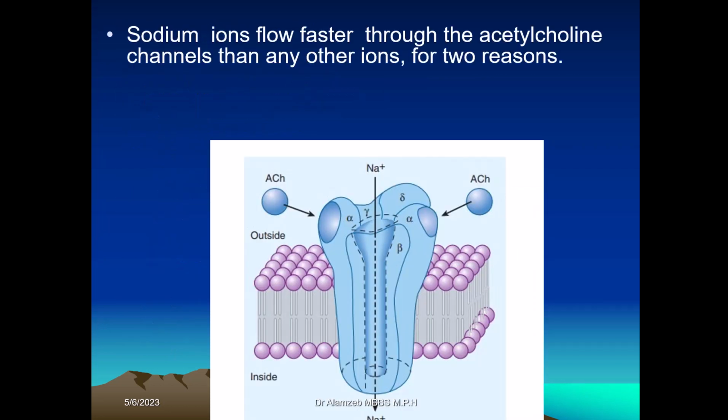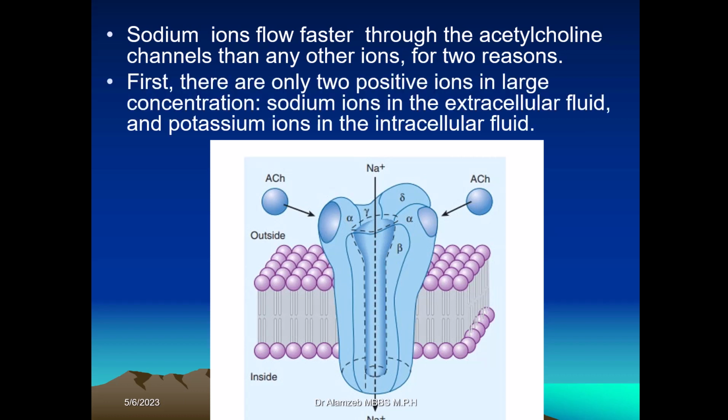When the channel is open, sodium ions flow faster through the acetylcholine channel than any other ion, for two reasons. The sodium rushing to the inside is faster than any other positive ion present outside the membrane.